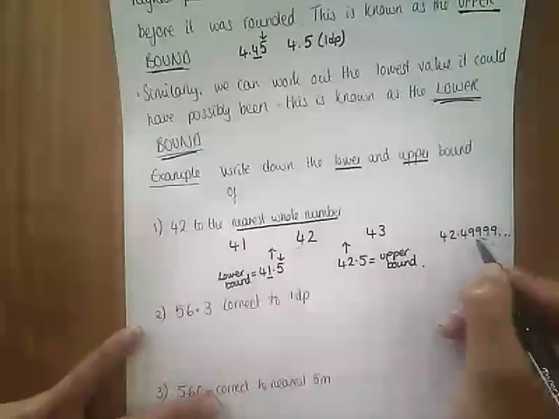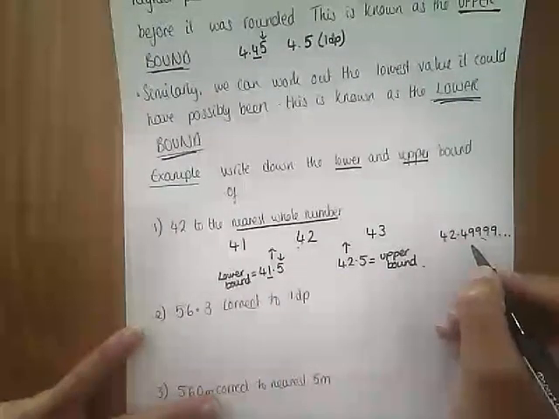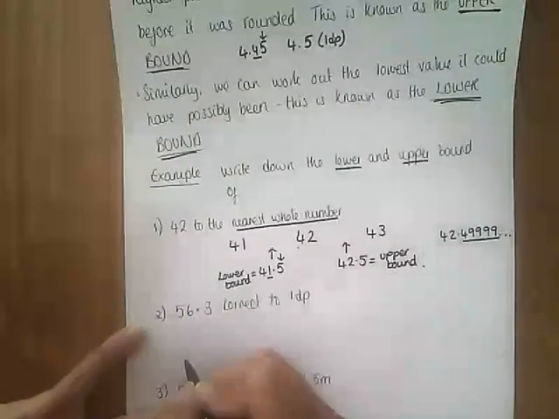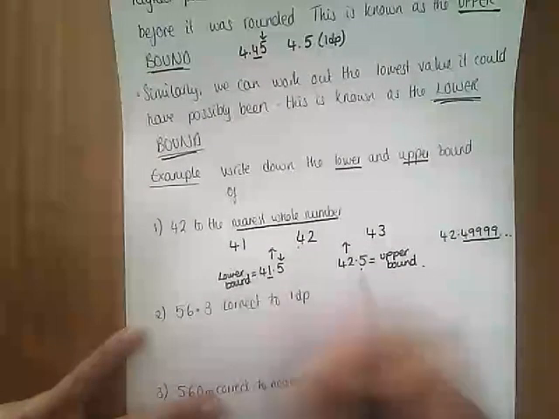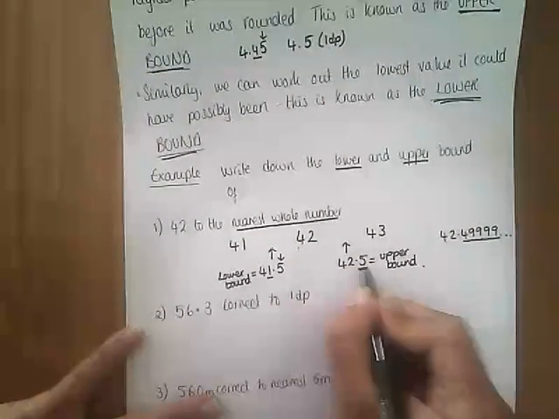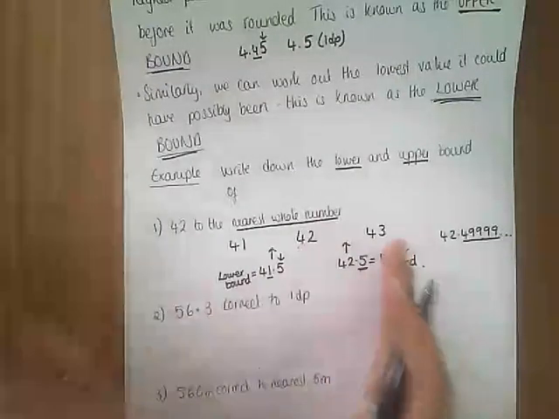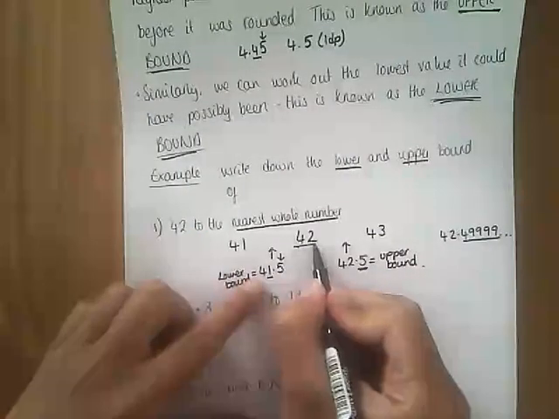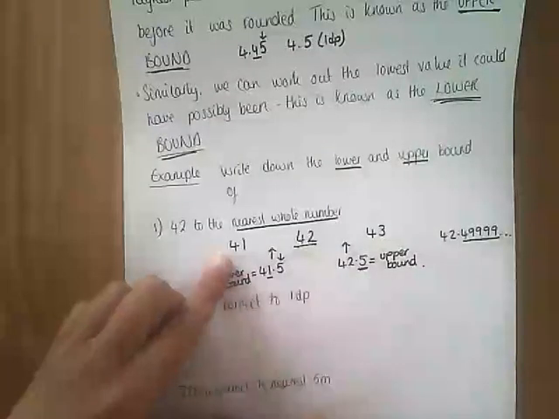If you are in 10 set 3, I will have taught you recurring decimals before. You could prove that 0.4999 recurring is equivalent to 0.5. I'm not going to do it, but everybody else, you just have to trust me, okay? It's always going to be a 0.5 or some sort of 5 on the end. The process: you write your number here, you take one number higher, one number lower, and you go halfway between.